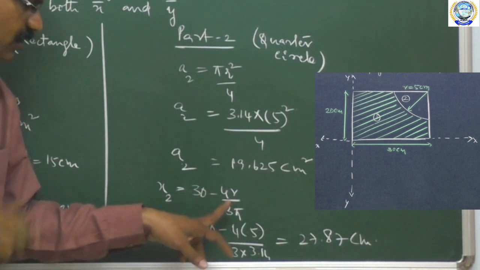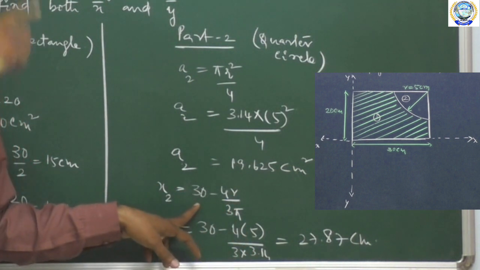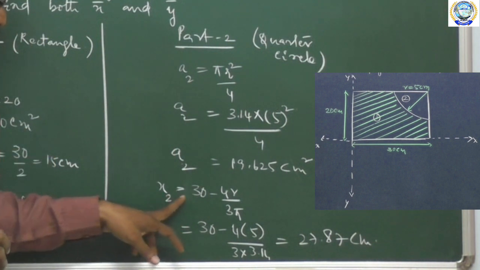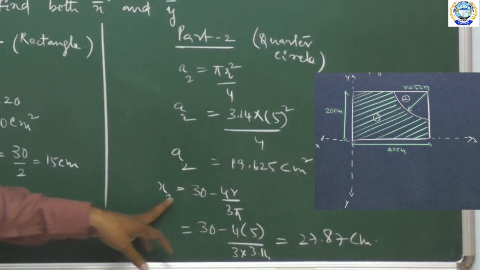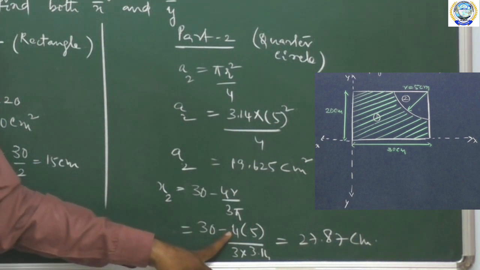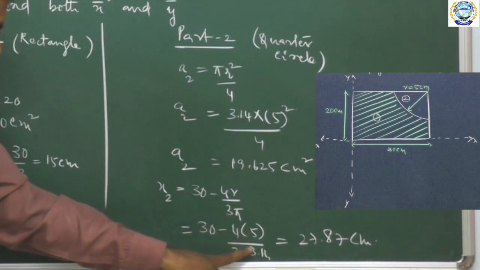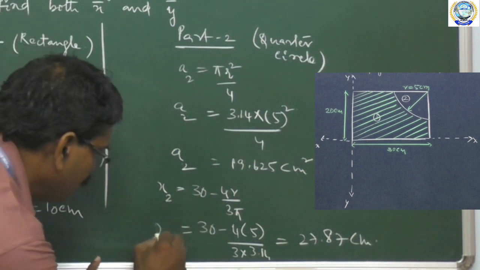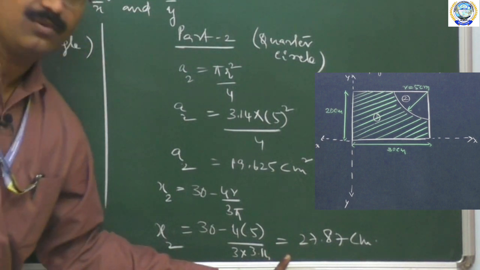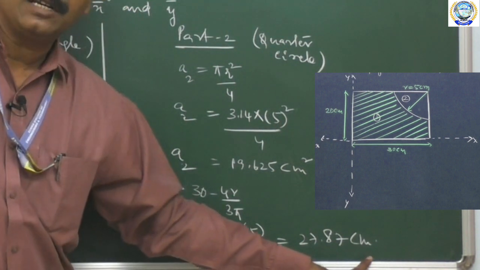So we subtract 4r by 3 pi from the length of the first portion, that is x2 is equal to L minus 4r by 3 pi. I could write it as x2 is equal to 30 minus 4 into 5, my radius, divided by 3 into 3.14, and after simplifying the whole term, I will get x2 is equal to 27.87 centimeters.